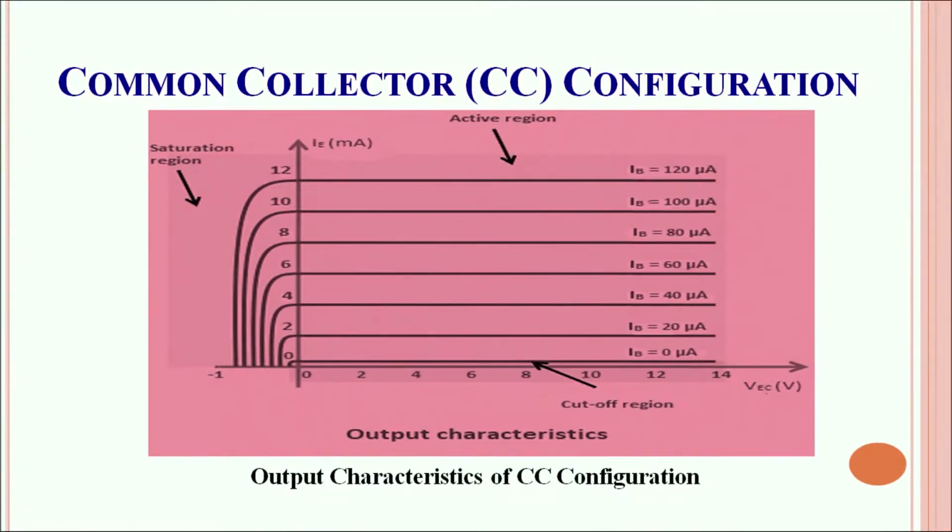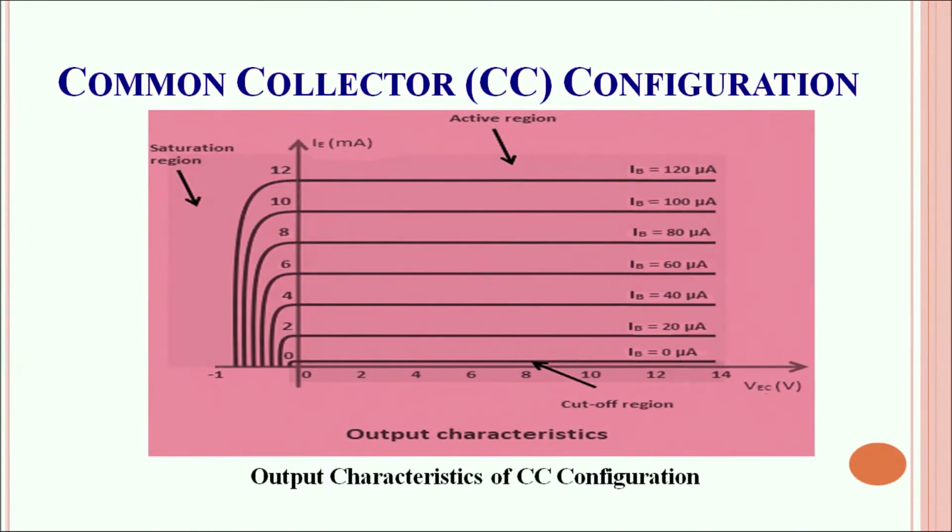So, what we realize is that there is a small amount of increase in the current, and soon it attains a saturated value. It is saturated in the negative side of the voltage. So, the cutoff region is very soon attained, and this particular configuration is practically suited for only impedance matching. Thus, the common collector configuration is rarely used.